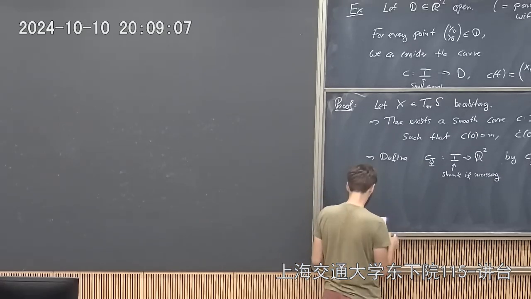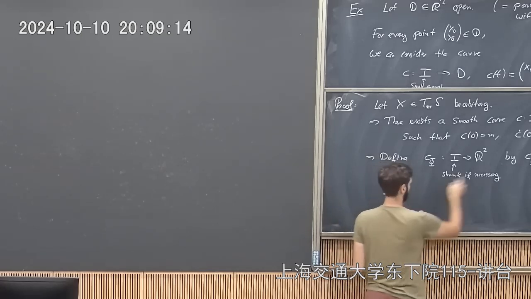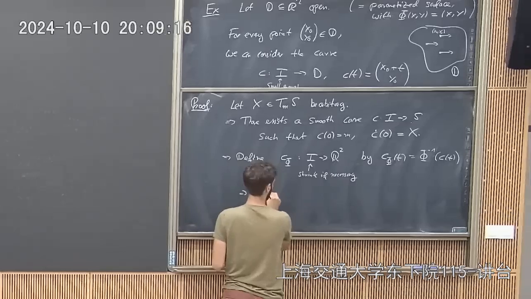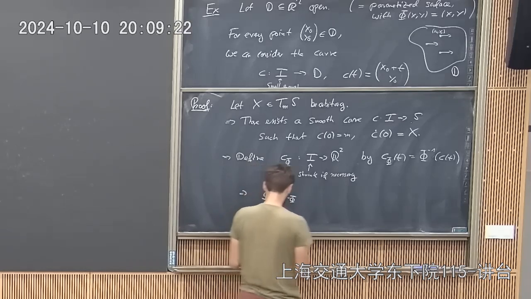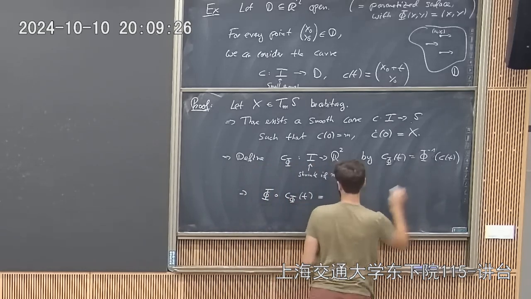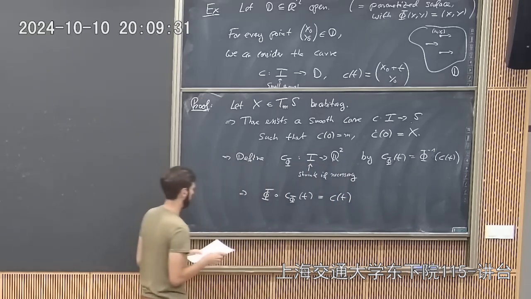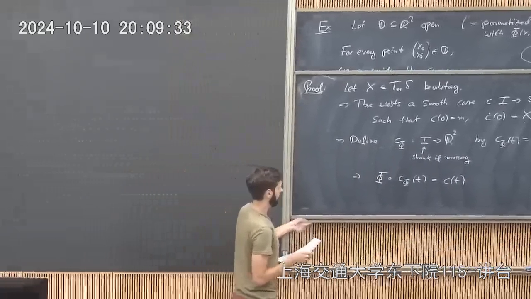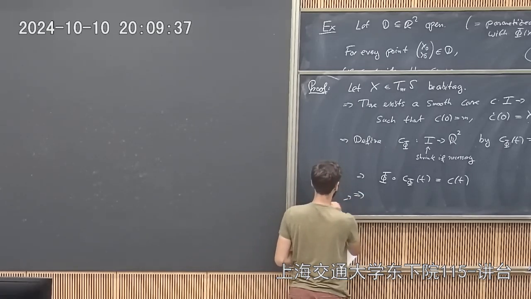And then almost by definition we have the following, namely that we apply phi to the curve of t, and then what you get is c of t. That's just a different way to express the definition. And now we take the derivative.